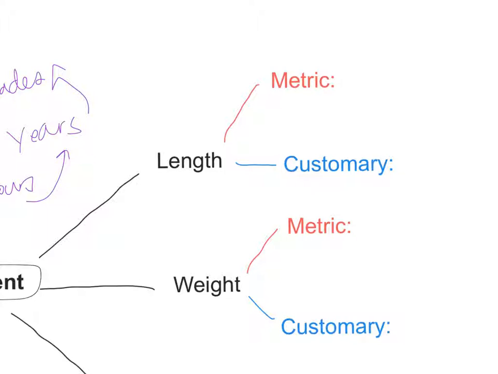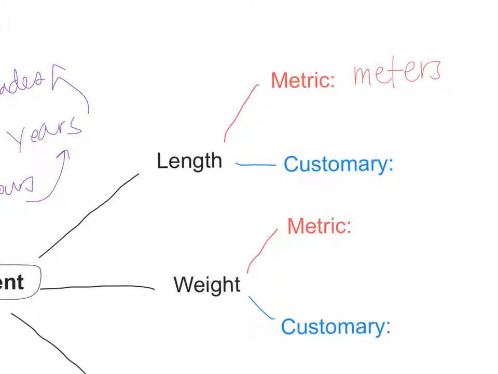Okay? Now, when we're talking about length, weight, and capacity, there's 2 different systems of measurement that we use here in the United States of America. We'll use the metric system as well as what's called the customary system. Okay? And back in Module 1, we talked about the metric system only. What is the basic unit of measurement using the metric system when we're talking about length? So using the metric system, we measure length using meters.